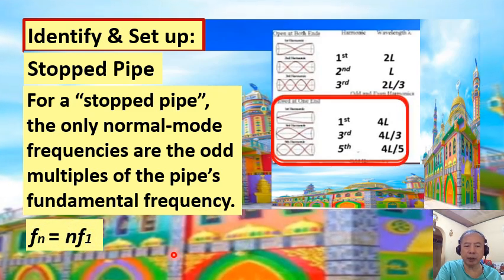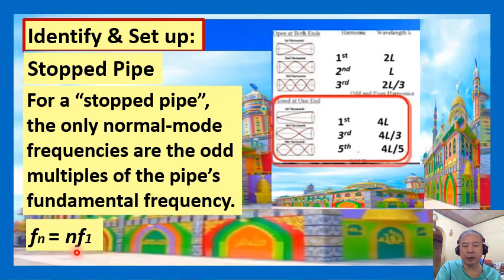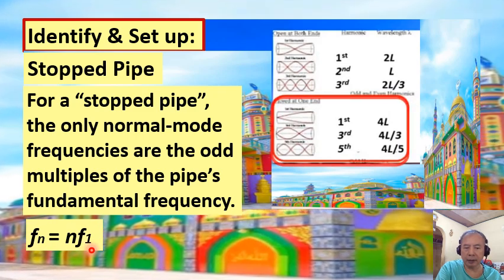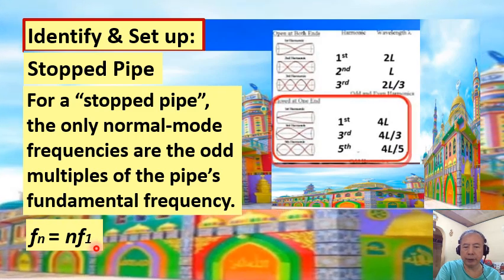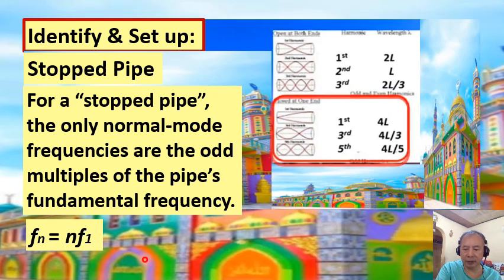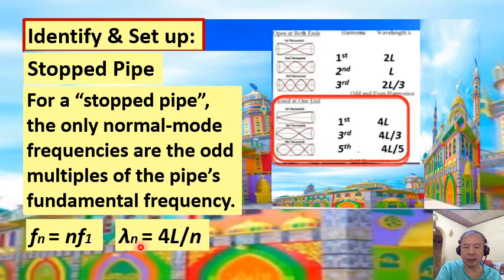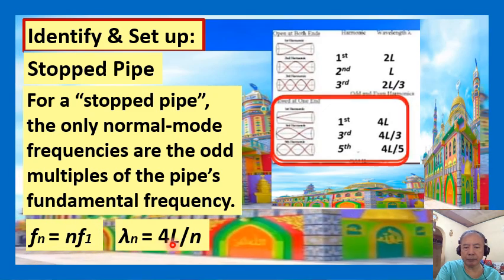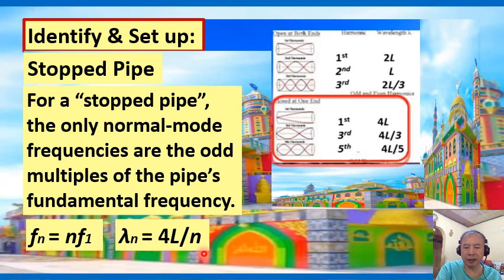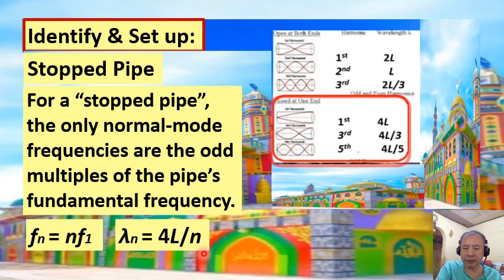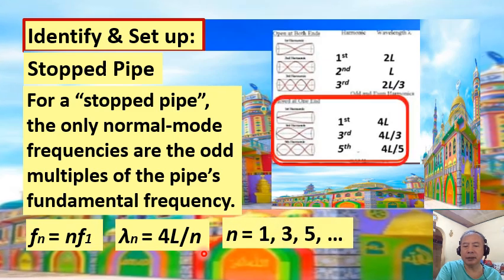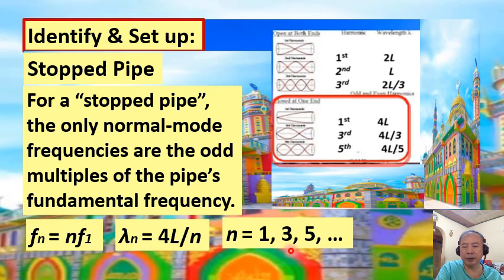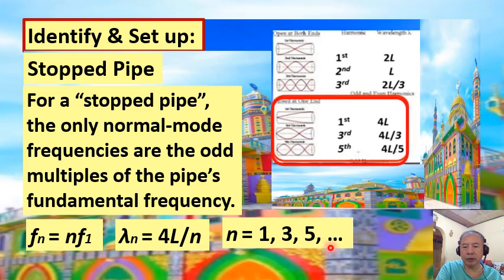The frequency f sub n is equal to the product of an integer n multiplied by f sub 1, or the fundamental frequency, and the corresponding wavelength lambda sub n equals 4 times the length of the pipe, capital L, divided by the integer n, where this n is an odd integer, either 1, 3, 5, and so on.